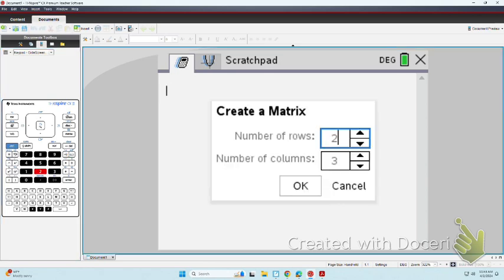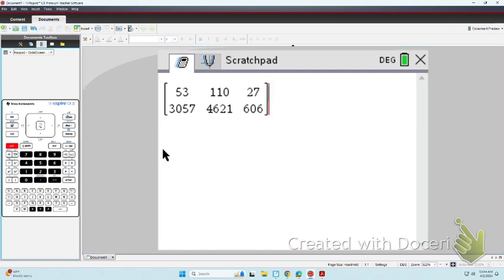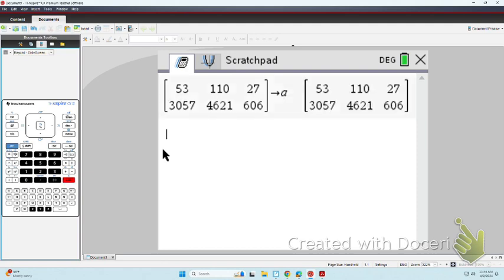We have 2 rows and 3 columns. Type in all your data. I need to store this, press Control var, and then I type any letter. I always type A, and our matrix is now stored as A.